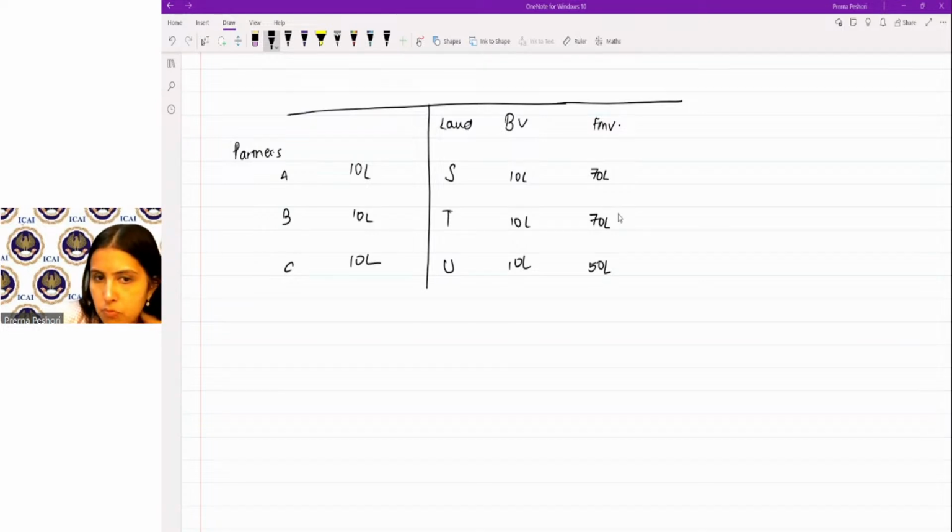let's say A is retiring and the firm is selling the land U. The firm sells land U at its fair market value of rupees 50 lakh.